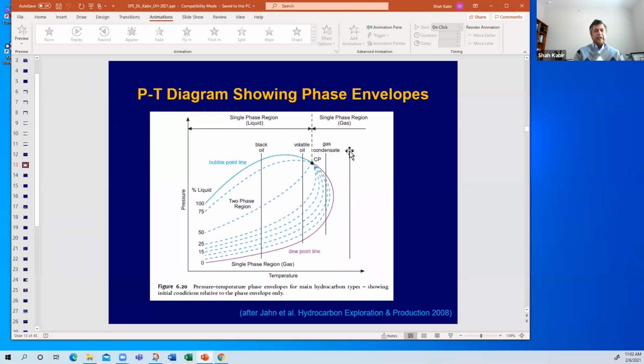Keep in mind that even for dry gas, because I've worked with real dry gas, when you bring it to surface, you go through this envelope. So it will have maybe 2-3 barrels per million cubic feet. So materially it doesn't matter, but nonetheless, even for dry gas, you will have some liquid production.